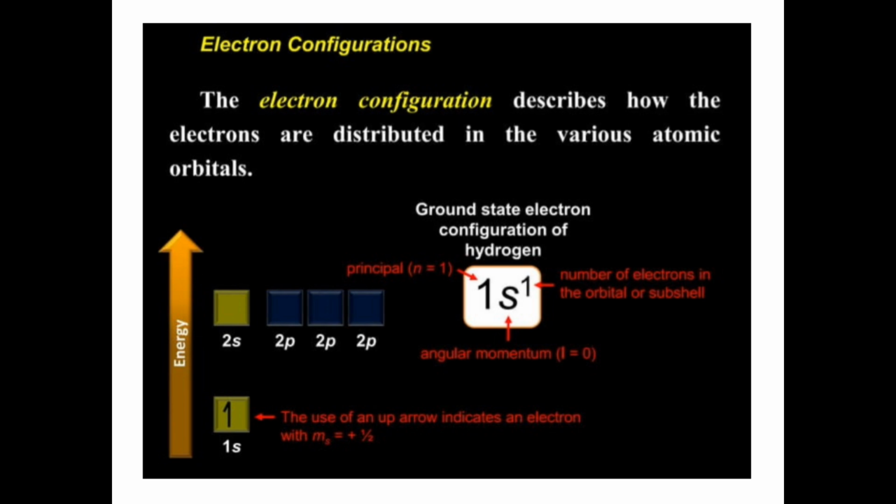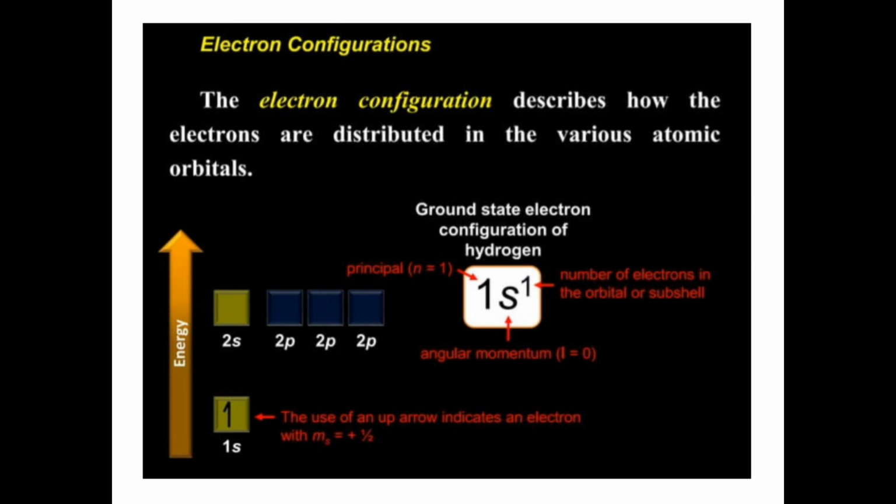So from here we could see that electrons can be arranged to show, number one, the principal quantum number. For instance, the ground state electron configuration of hydrogen that we put here. You can have the number of electrons in the orbital or the subshell.